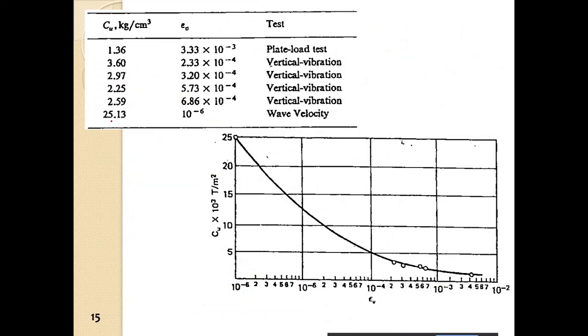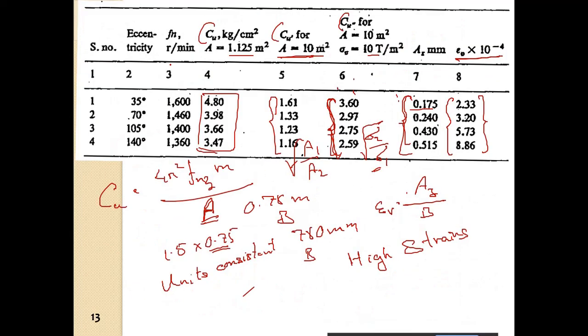These are all Cu values corrected for a stress sigma z of 1 kg per centimeter square and an area of 10 meter square, from the data which was given.